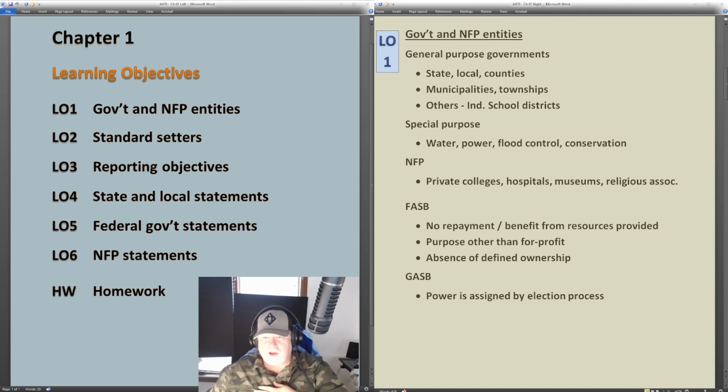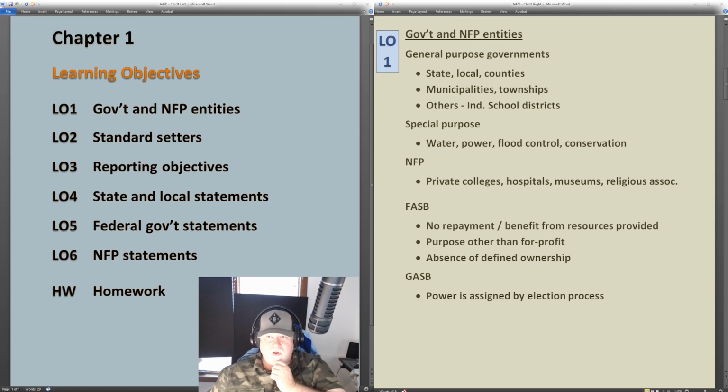Now, for the nonprofits, those are things like private colleges, hospitals, and museums. There are all sorts of not-for-profit entities, and according to the IRS there are over 1.5 million registered not-for-profit entities.